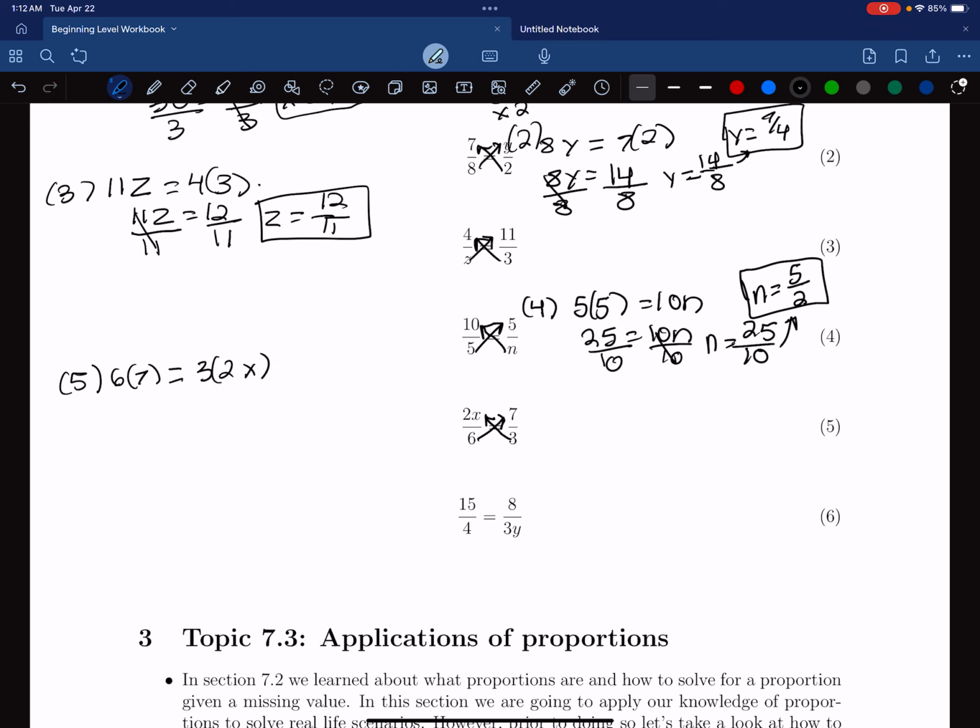Now on the left-hand side, 6 times 7 is 42. And then this here, we're going to multiply this 2 by this 3, so you'll get 6x. And then, to solve for x, just simply divide both sides of the equation by 6. So you get x equals 7 in this case. And that's your answer.